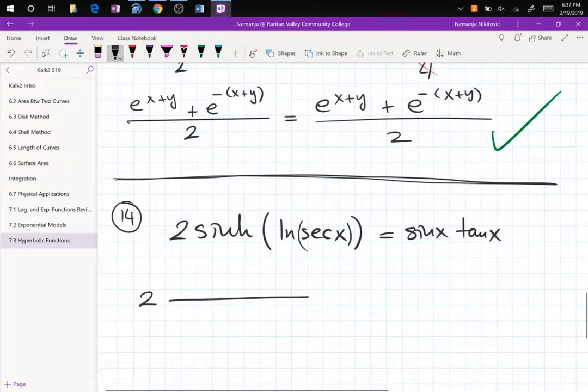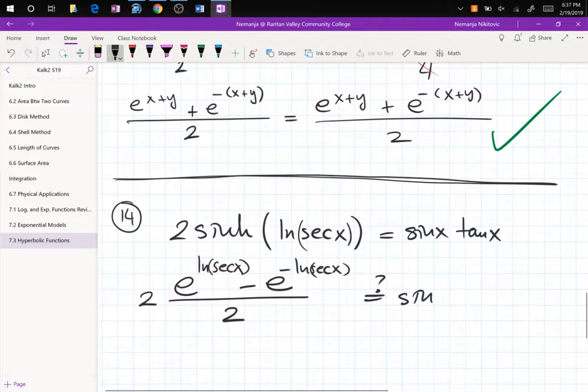Now, sine hyperbolic is e to the ln secant x minus e to the negative ln secant x, divided by 2, which should be the same as sine x times tangent x. So now, 2 kills the 2, and ln kills e, aren't they inverses?